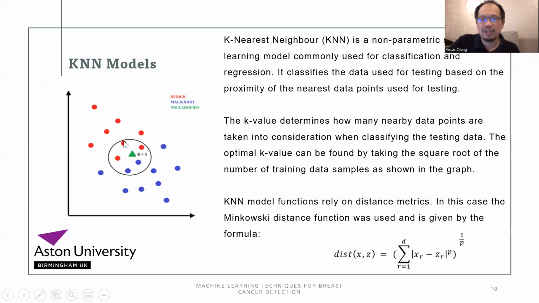The optimal K value can be found by checking the square root of the number of training data samples, shown in the graph. KNN models rely on distance metrics, so the distance matters. If the distance is nearer, the algorithm is usually more accurate.